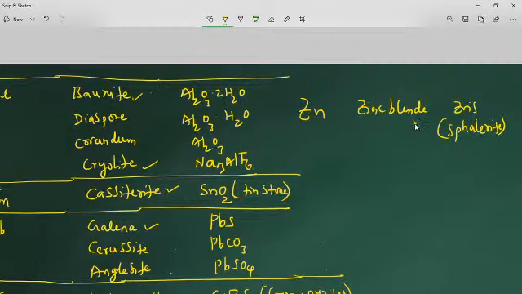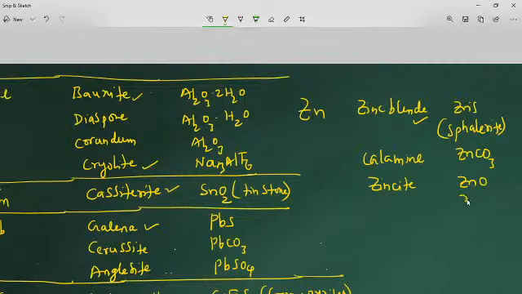Another important ore of zinc is calamine, that is ZnCO3. Zincite, that is ZnO, is said to be red zinc. Black one is ZnS, red one is zinc oxide, zincite.